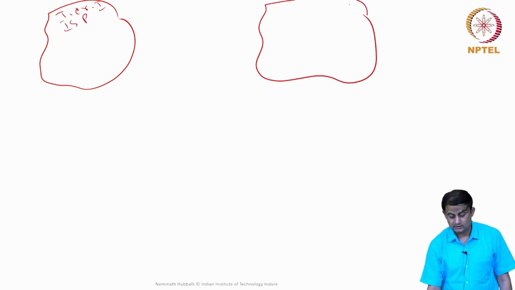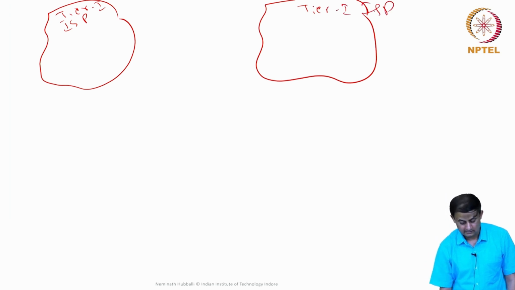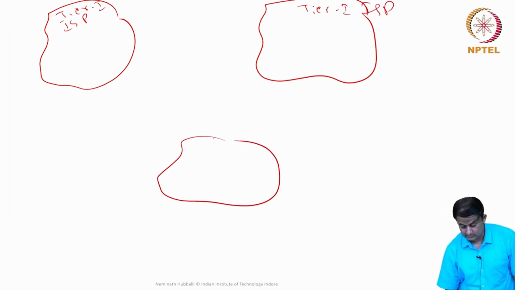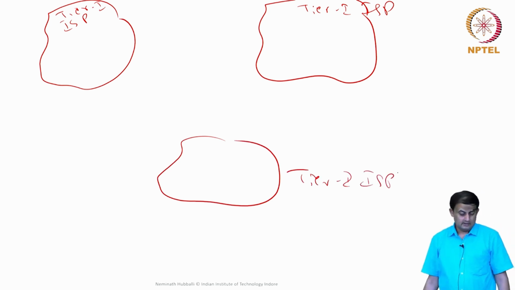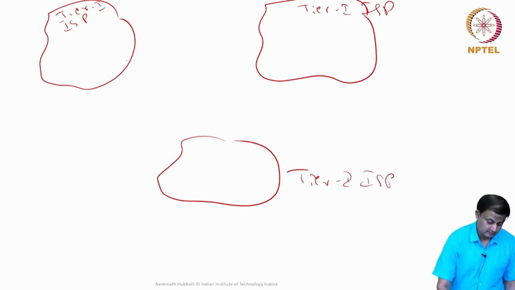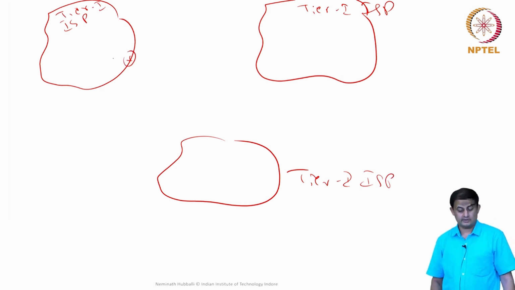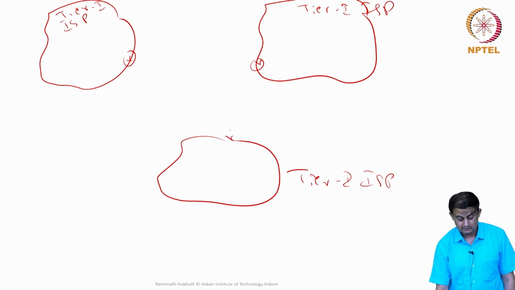So this is a tier 1 ISP, here is a second similar tier 1 ISP, and the third one here is also a tier 1 ISP, and there are routers which are located at the boundary of these networks.